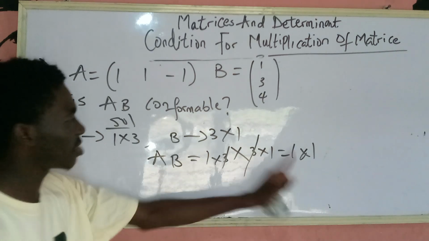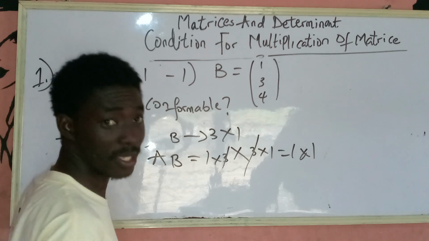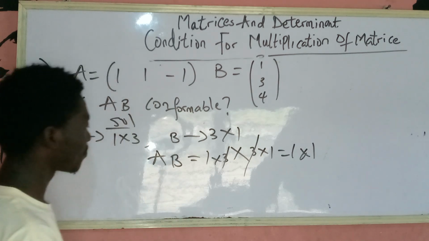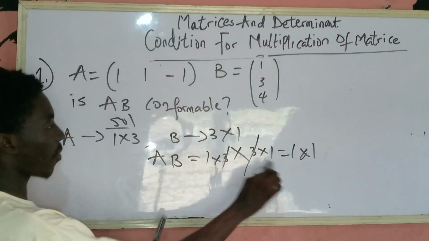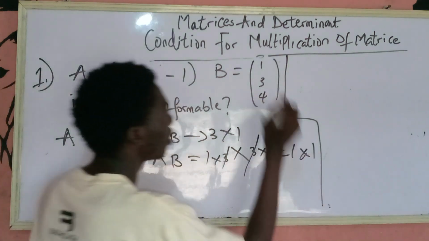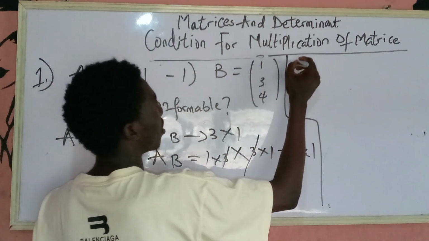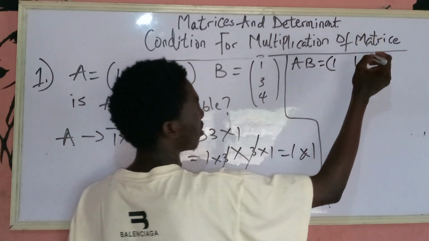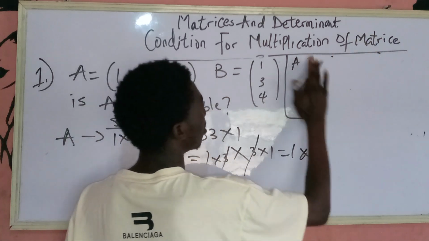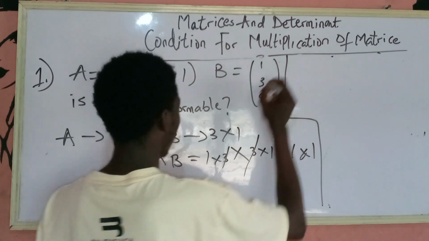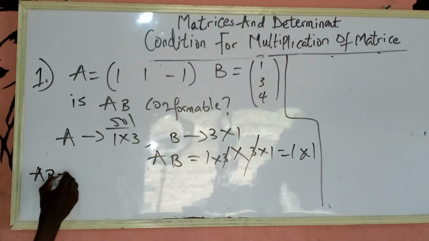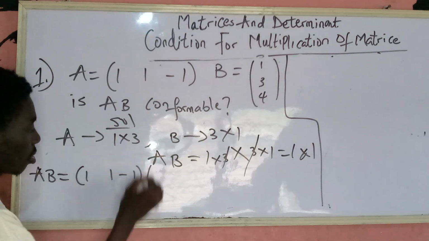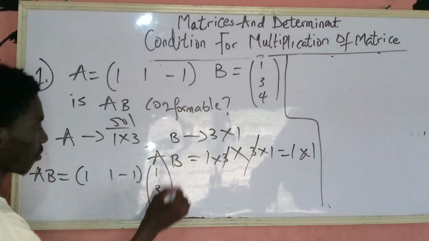Now let's check if this is true. Let's multiply this and this, and you see you have a 1 by 1 matrix, which is a single element matrix. So AB is equal to 1, 1 and minus 1 times 1, 3 and 4.